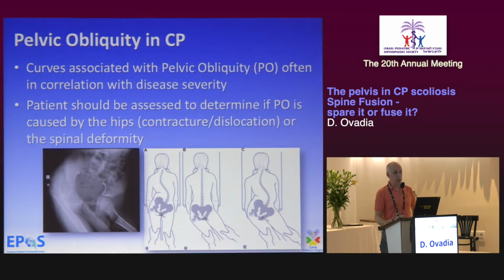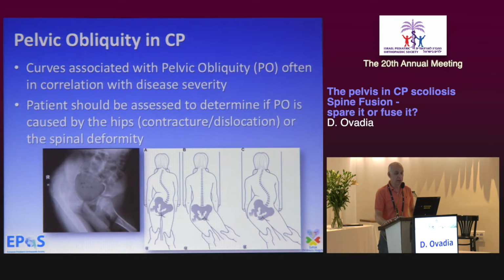When we have a patient with CP and pelvic obliquity, we should always assess whether or not the pelvic obliquity is due to the spinal deformity, or is it due to the hips or the hip disease, or it's a combined situation.